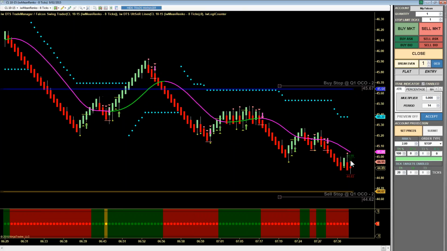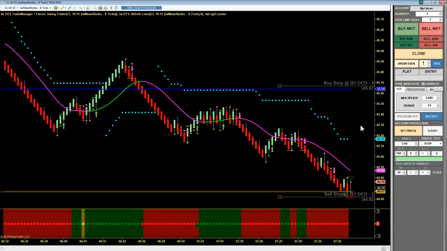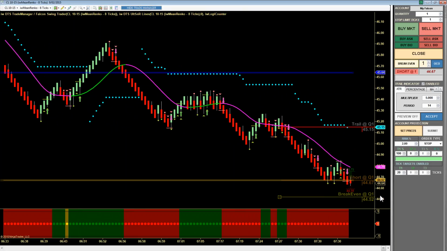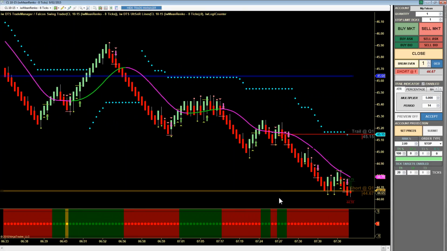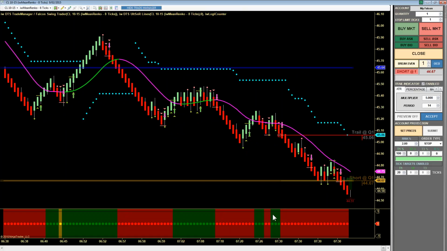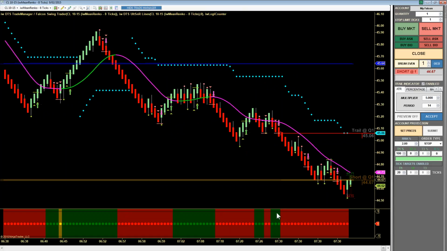So a quick little hop to the downside there. Settling on the median line. There we go. Let's see if there's some follow through on this now. Come on, get down there.